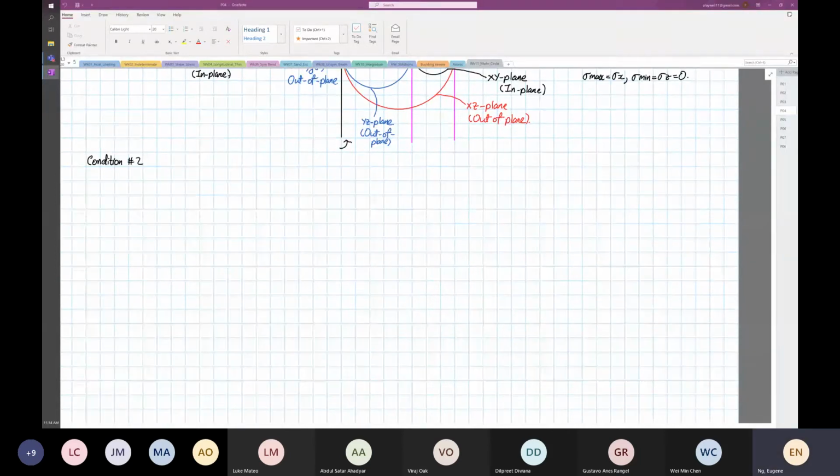Condition number 2 is where we still get stress Z equal to 0. Now stress X is negative and stress Y is positive. So we are going to draw our element again, our cube.